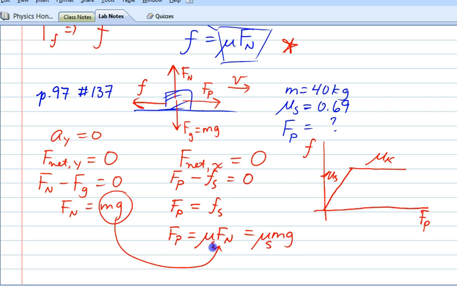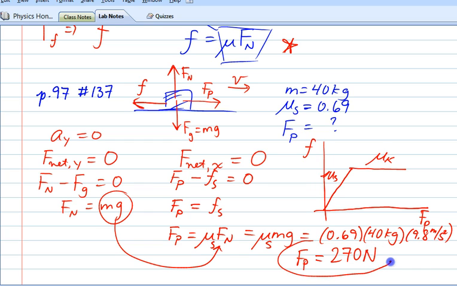This is mu static, by the way. So this is 0.69, and then 40 kilograms, and then 9.8 meters per second squared. No units for the coefficient, by the way. So force of that push comes out to be about 270 newtons. Now we'll take a look at some other examples, but this is the basics for friction.